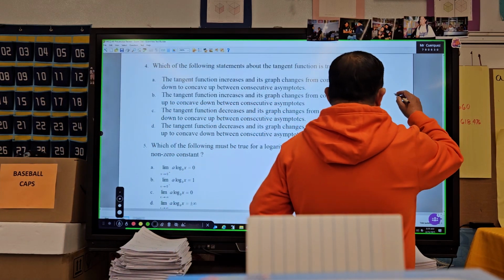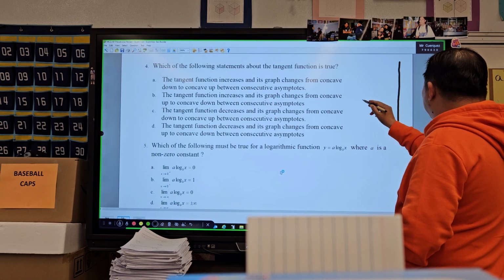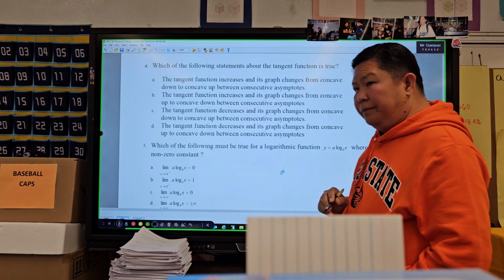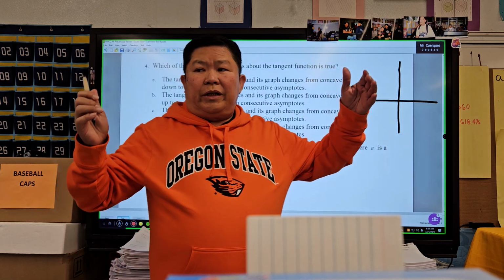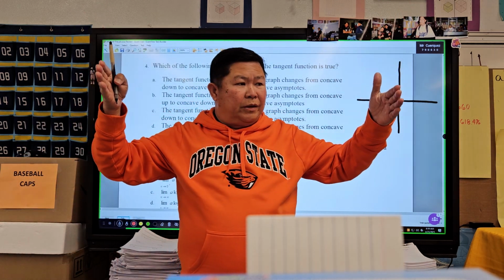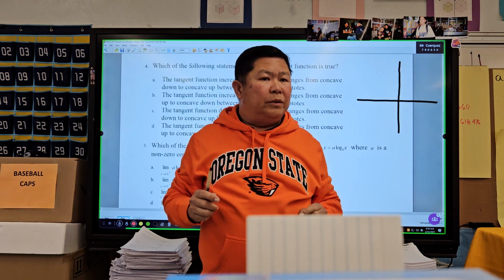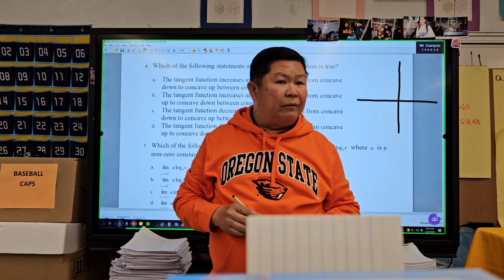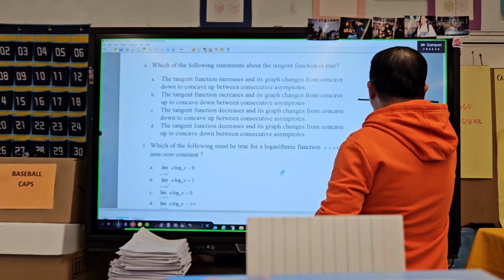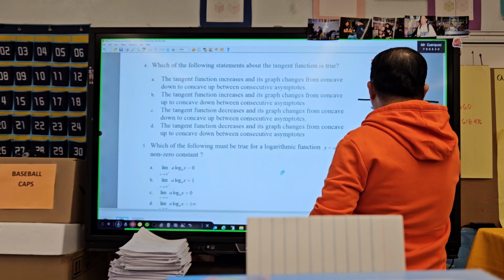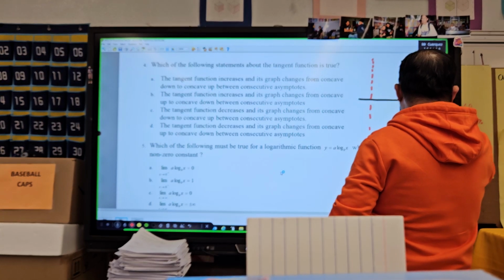Remember, for the parent graph of a tangent function, the graph lies in between the two vertical asymptotes, right? So we have this vertical asymptote and this vertical asymptote.